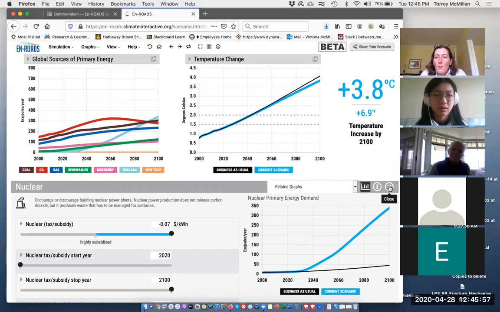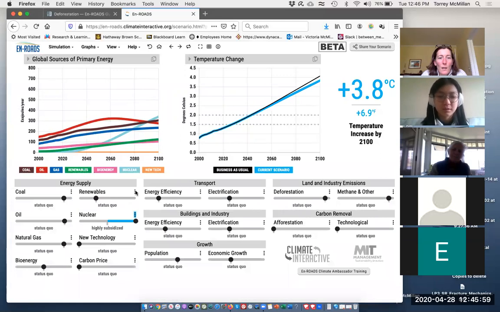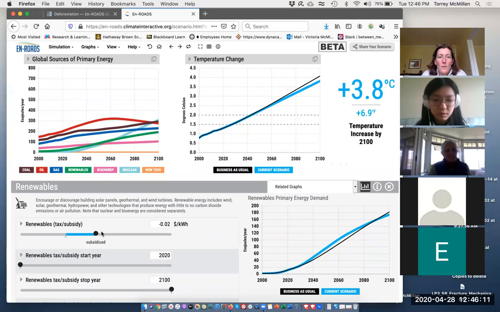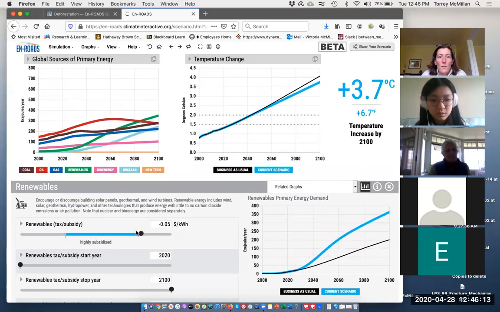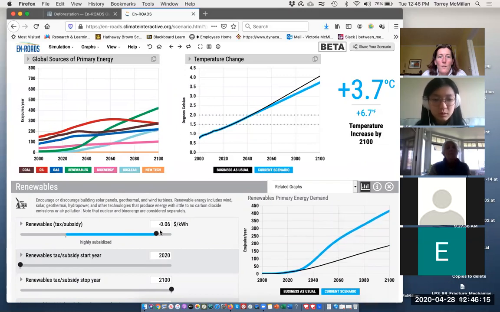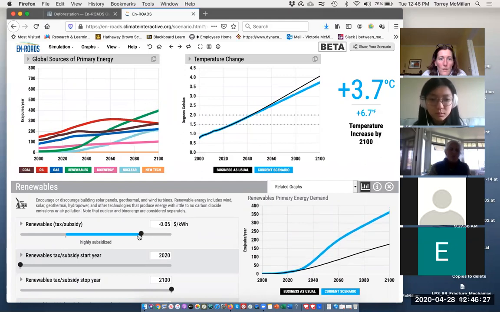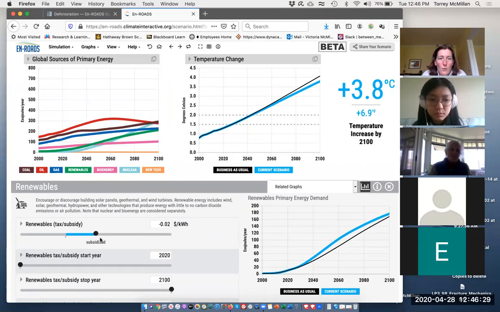So I'm going to leave that nuclear subsidy in, and let's go see what happens if we also subsidize renewables, right? Yeah. So we get a big climb in renewable, but then you get a decline in nuclear, right?